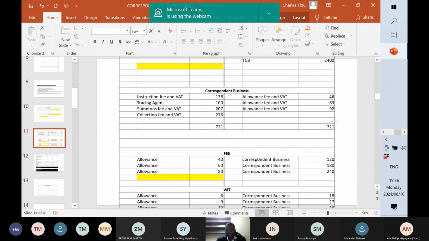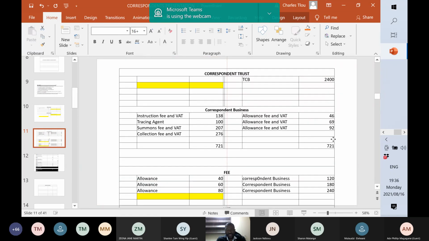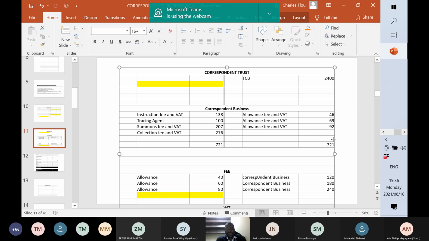Now that we know that he owes 514 in business, the next question will be, are we holding sufficient money in trust on behalf of the correspondent to be able to pay the 514? Now we come to the correspondence trust ledger because that is where we record what we are holding for this client. You'll see here the credit side is 2,400 rand.